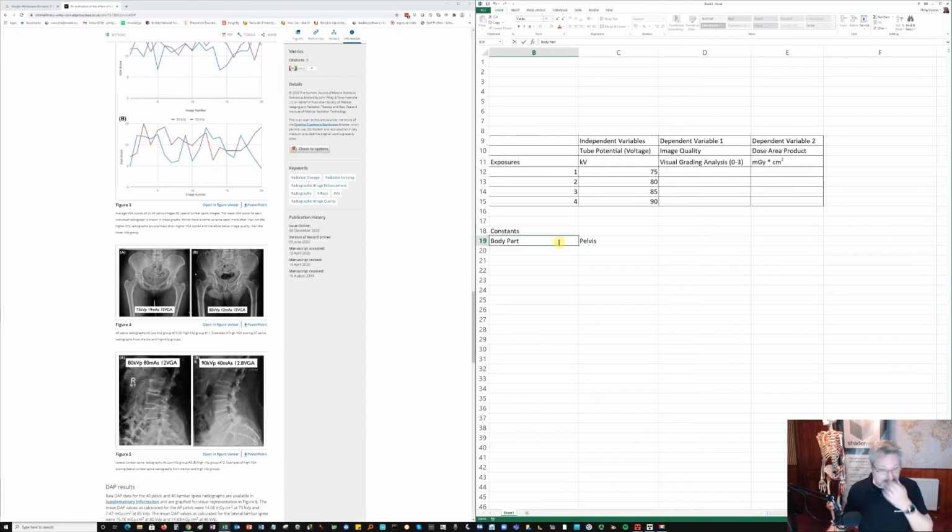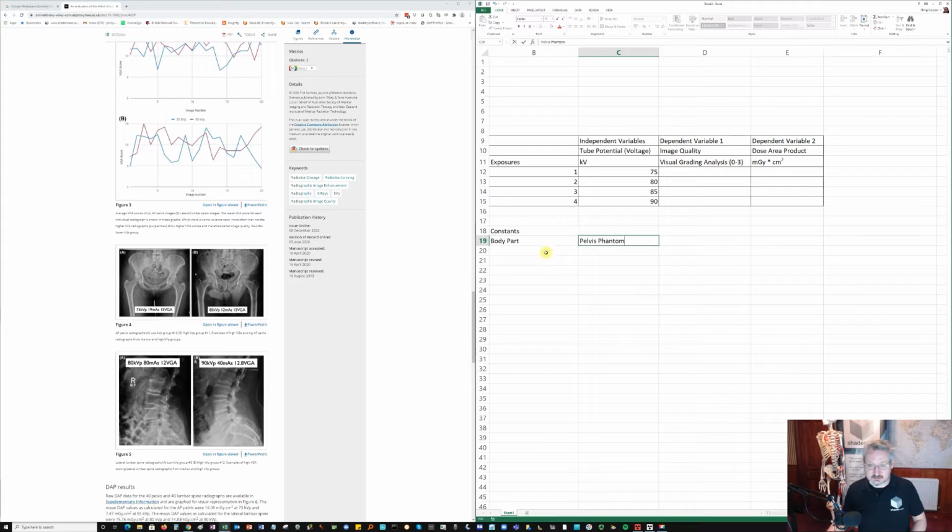Now for their constants for body part, they had lots of different variable patients, whereas we're going to have just one phantom. So our constant's going to be more constant than their constant, if you like. They tried to keep their sample similar. They had a sample which would be generalizable to the public. We're going to have a pelvis phantom.